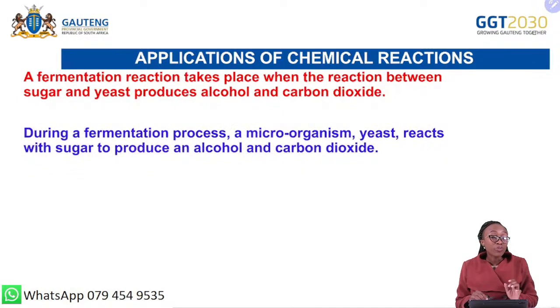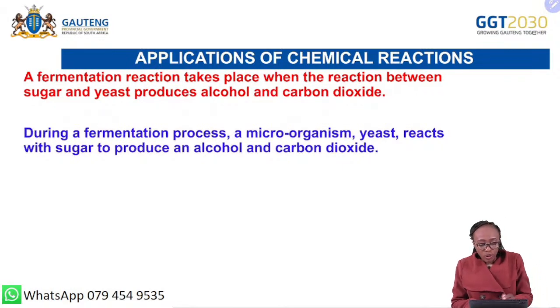During fermentation, a microorganism, yeast, reacts with sugar to produce alcohol and carbon dioxide. Just from looking at the statement here, it sounds like we're reading a word equation, doesn't it?